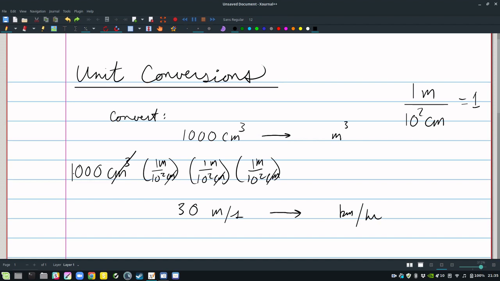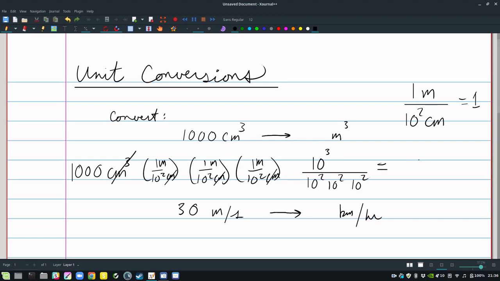But now look what happens. We have 1,000 in the numerator, 10 to the third power, and then divided by 10 squared times 10 squared times 10 squared.